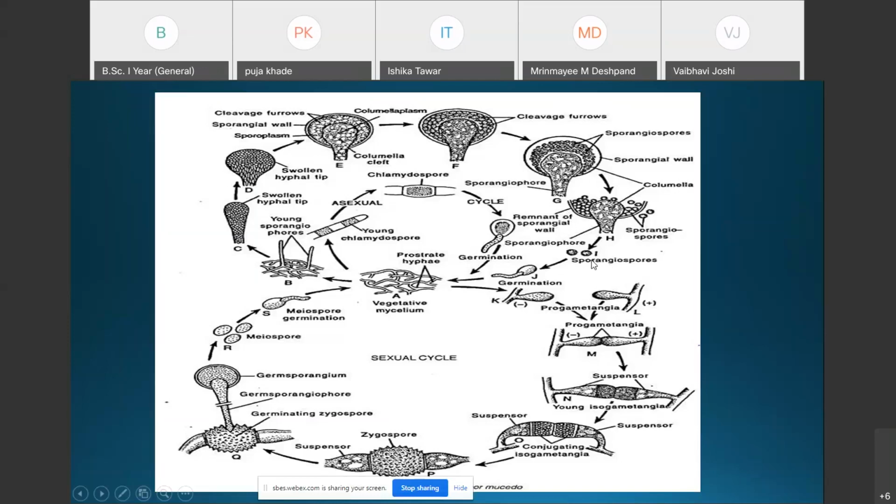Whenever they get favorable environmental conditions, these spores germinate and form the germ tube, and ultimately the new mycelium of Mucor is formed.